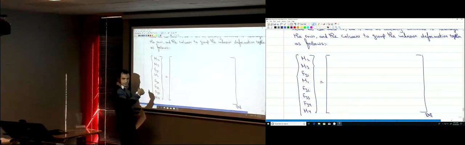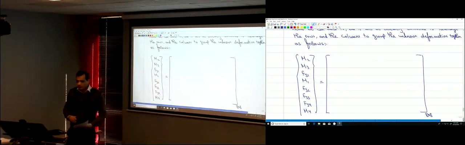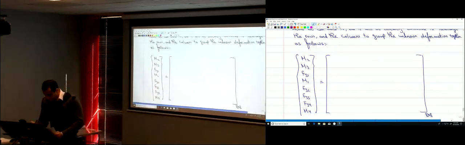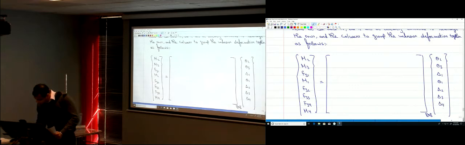Originally it was Fy1, M1, Fy2, M2. Now I just rearrange them, okay? And this is related to the displacements here. So the displacements here, I just had theta 2, theta 3, and then delta 1, theta 1, delta 2, delta 3, delta 4, and theta 4.